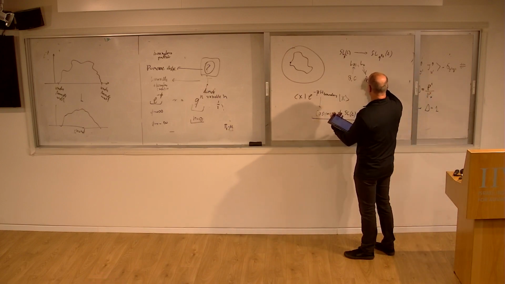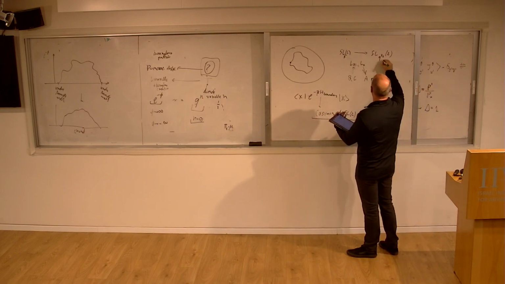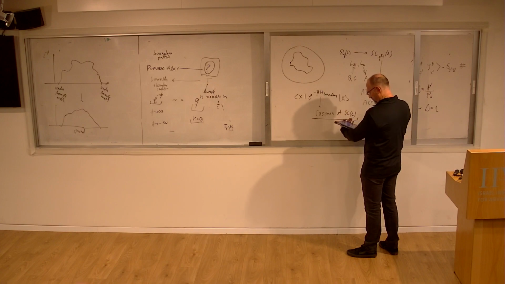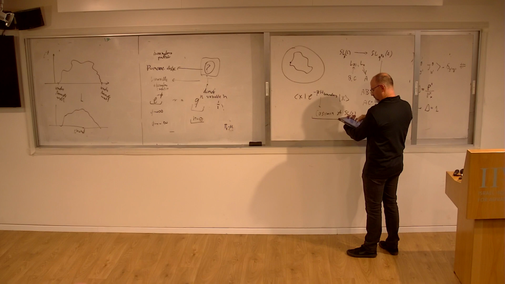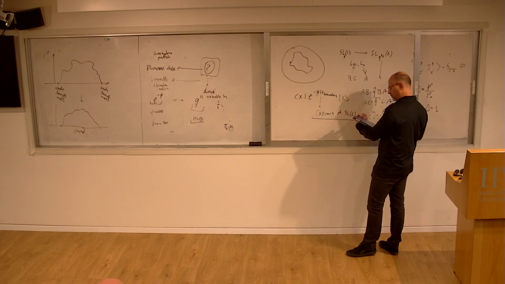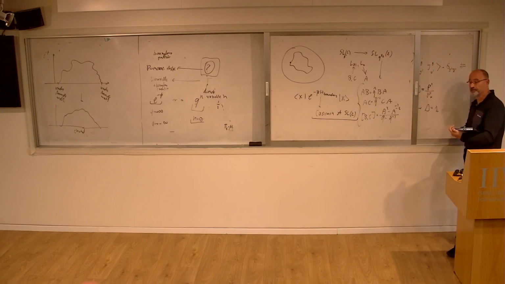And L0 is replaced by a new object A. And the commutation relations that define this are the following.